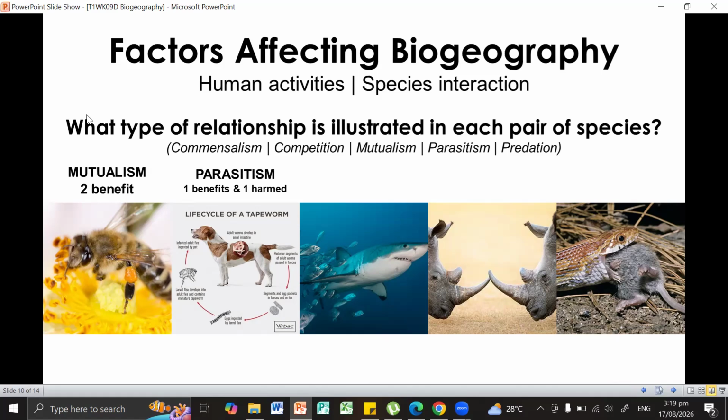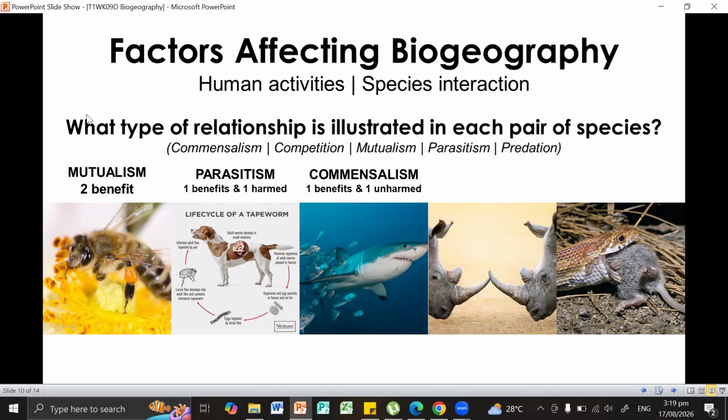Okay. Third, we have the shark, and beside the shark are a group of remoras, no? The group of remoras follow the shark's direction so they can go to an area where there is a lot of food supply. This one is probably the most unique, commensalism, and the most unfamiliar one, no? Because one benefits and one is unharmed.